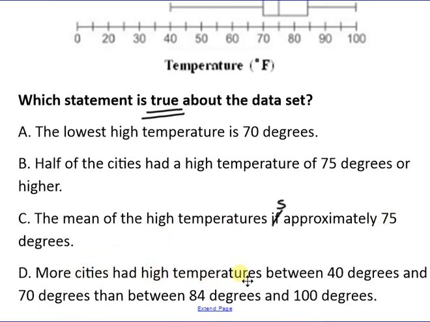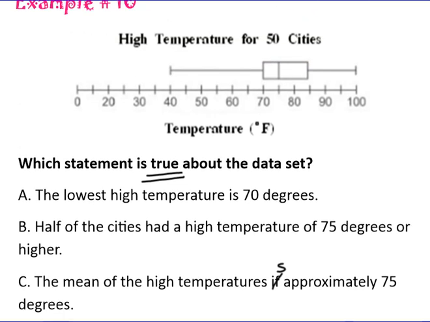More cities had high temperatures between 40 degrees and 70 degrees than 84 degrees and 100 degrees. Okay, so let's tackle these one by one. The lowest high temperature is 70 degrees. Well, what's the lowest temperature? 40. Is that 70? No, that's not true.